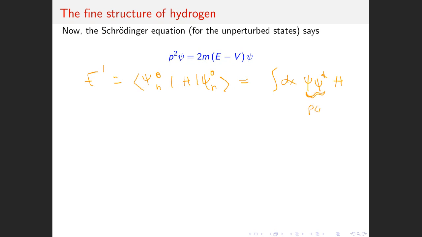So this is the integral of p(x) H dx, and this by definition is just the expectation value of H. So to do this, we have to find what is the expectation value of P squared, which is the expectation value of 2m (E minus V), I think this is squared.